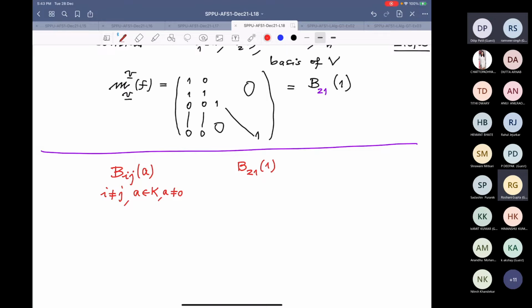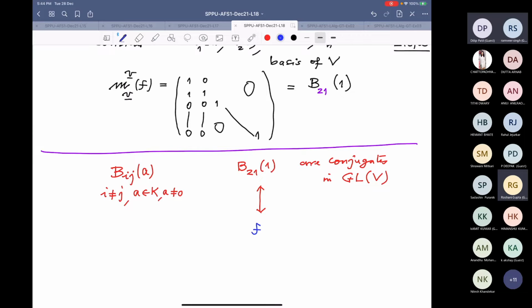I say they are conjugates in GL(V). What does that mean? It means once you get this matrix, all these matrices you obtain as conjugates of this. It is better to write in terms of linear maps.